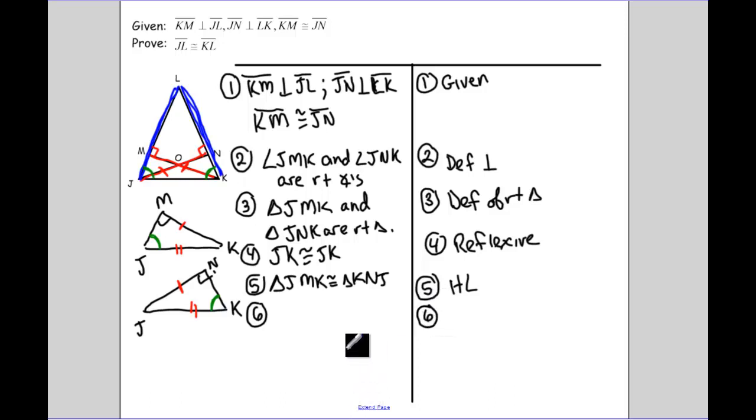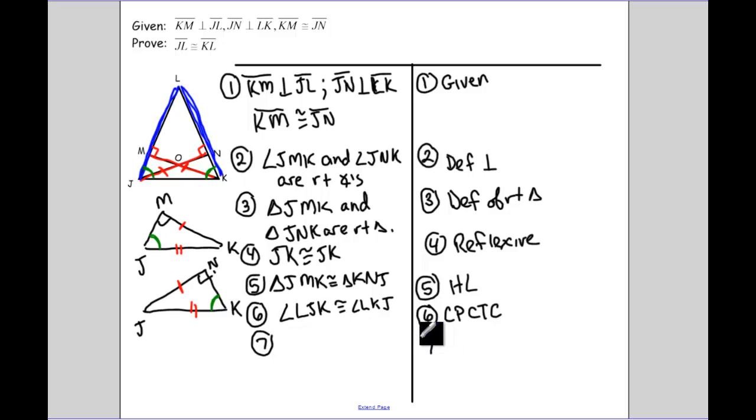Hey, so now we have congruency by hypotenuse-leg. I know that angle, and I have to list this by 3 letters, L, J, K, because if you look at the big picture, there's a lot of angles in there. Angle LJK is congruent to angle LKJ by CPCTC.